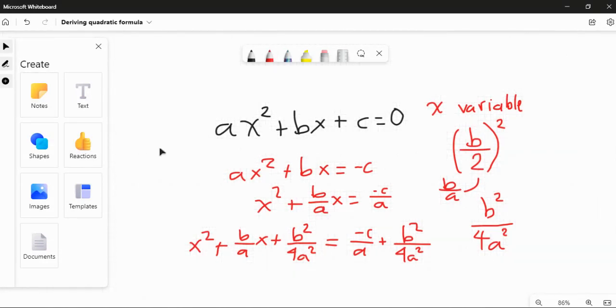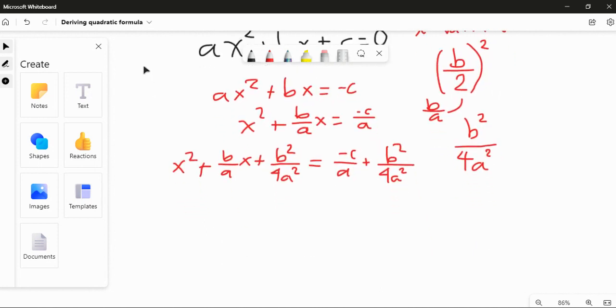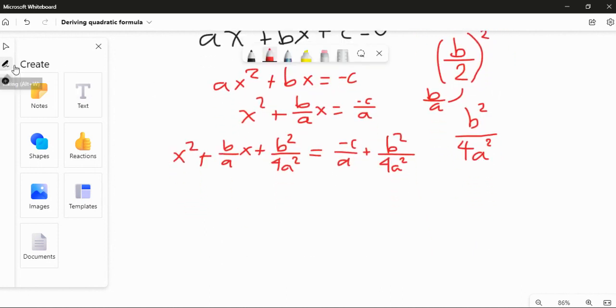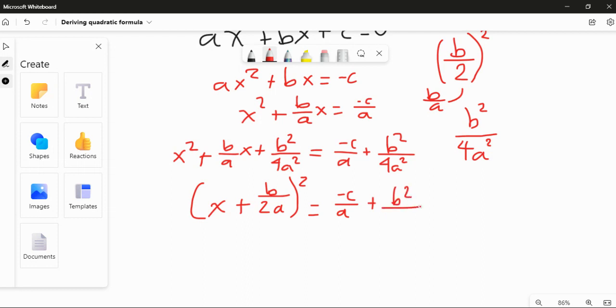So now our next part is to complete the square for the left hand side. You'll get x plus b over 2a, squared, is equal to, same thing on the right hand side, negative c over a plus b squared over 4a squared.